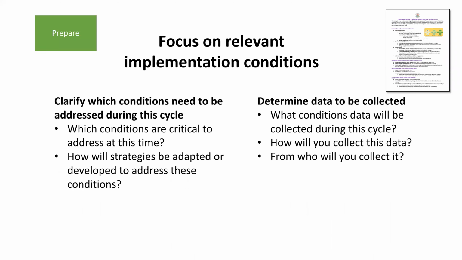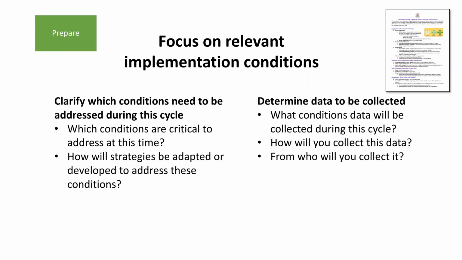And now, after looking at the system conditions, we also know that it's important to think upfront about which implementation conditions are needed to be focused on during this next cycle. So which conditions are critical to address at this time? Are there any other strategies that need to be adapted or developed to address these conditions?